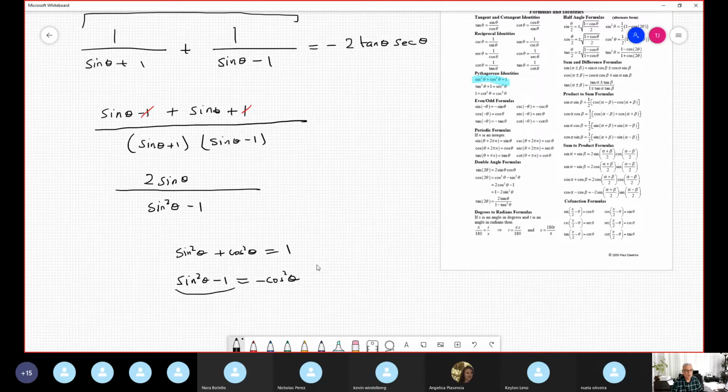I discovered that this is negative cosine square, so I copy here. This is 2 sine theta divided by minus cosine square theta. Do you see that? This is complicated, eh? Or artificially complicated, no. Okay, now finally, I know that the answer is negative 2.